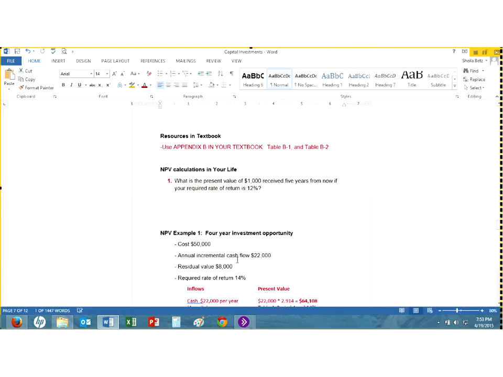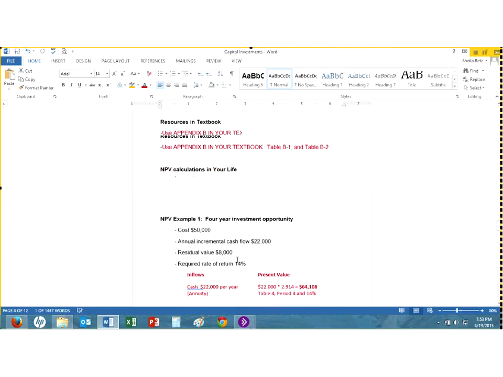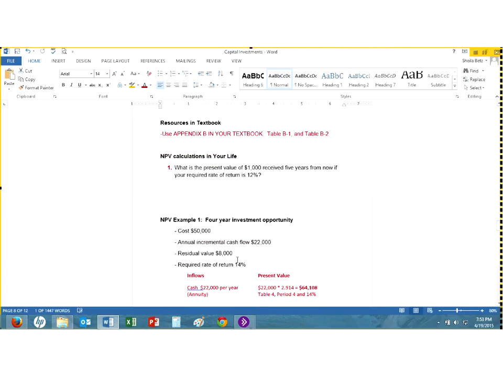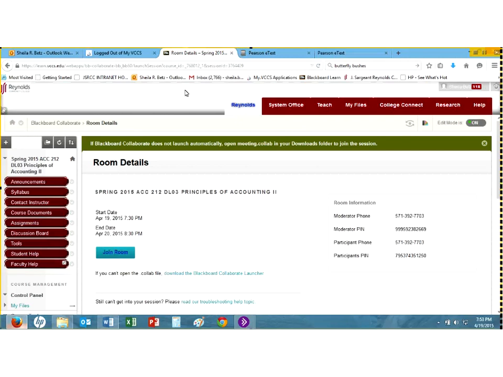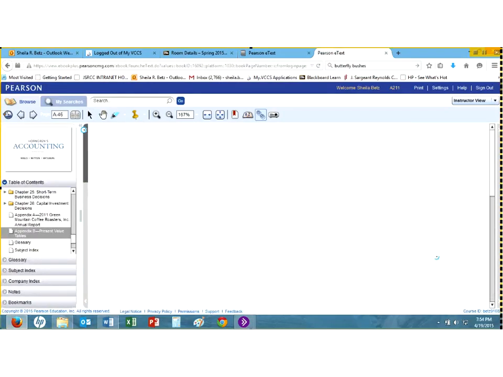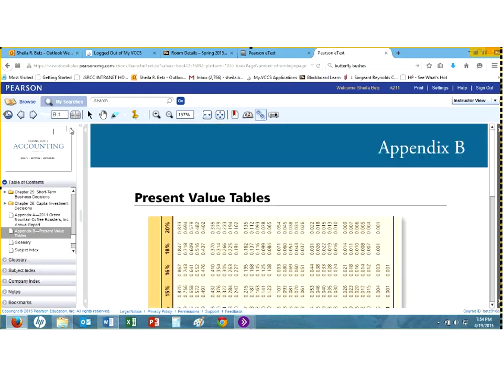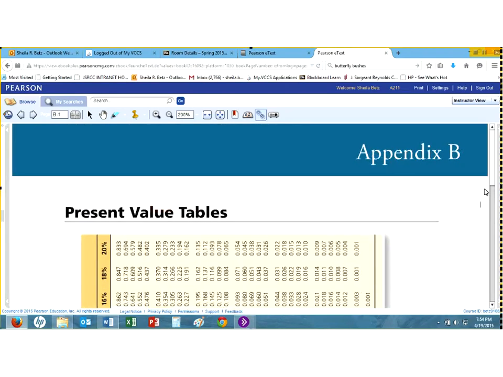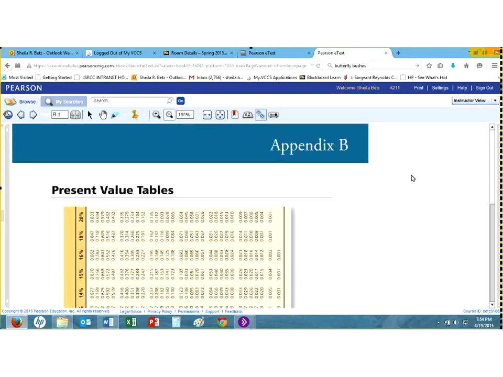Now, to do this, it's going to be very important to use a resource in your textbook. You're going to want to use Appendix B in your textbook, and I'm going to flash that open here in a second. So if I look at the Pearson e-text, Appendix B, the first table says present value tables.